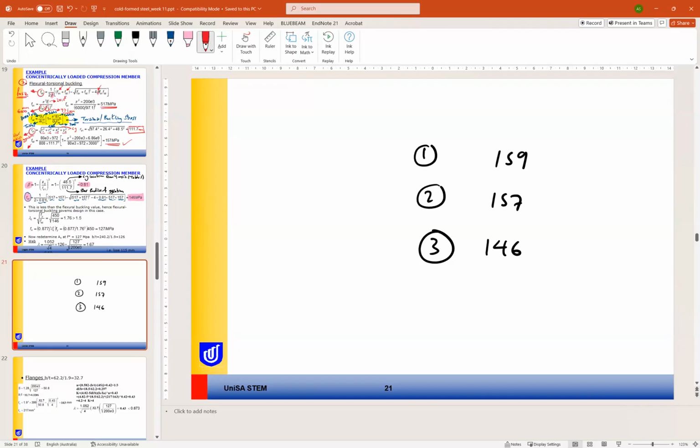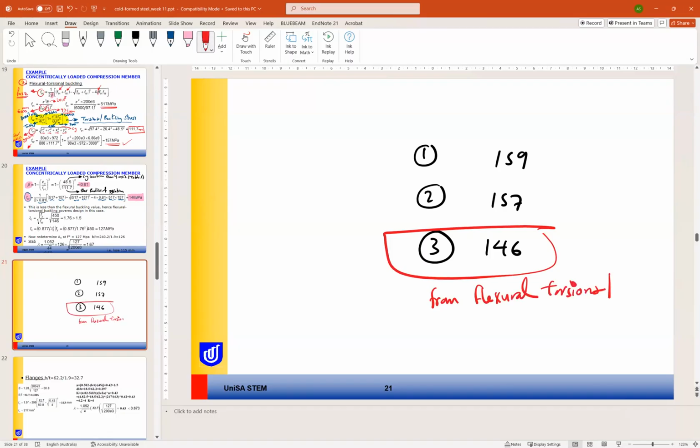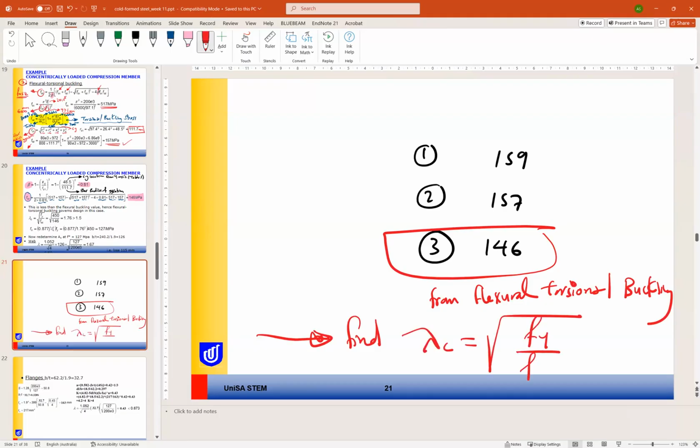So the critical case would be this one here, which is from the flexural torsional buckling. So the next step will be to find lambda c equal to root of F yield over FOC. So this will be our next step.